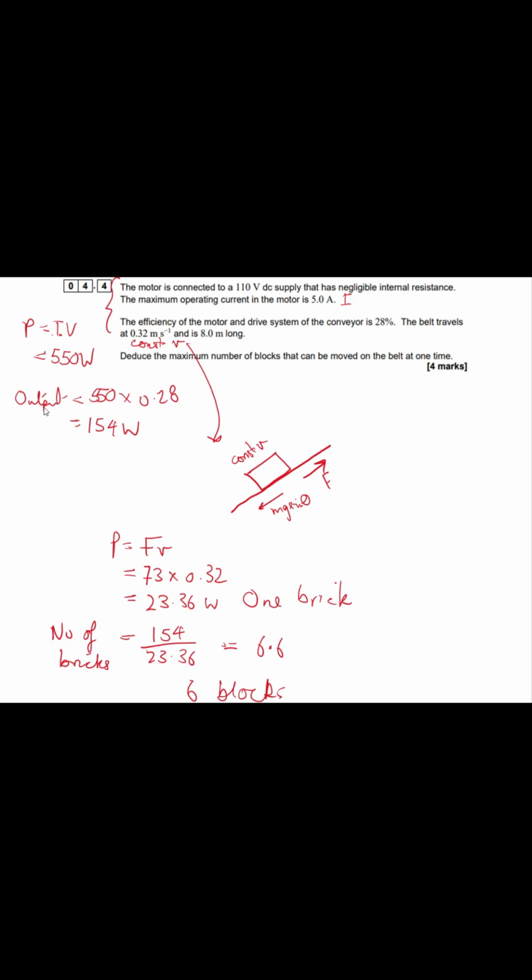Then work out the output energy, just times that energy by 0.28, and then you could work out the energy output by doing force times distance. Once you've done force times distance, you've got the energy for one block, and then just do the output energy over the energy for one block. Again, like I said, the power way is the most obvious one I would do.